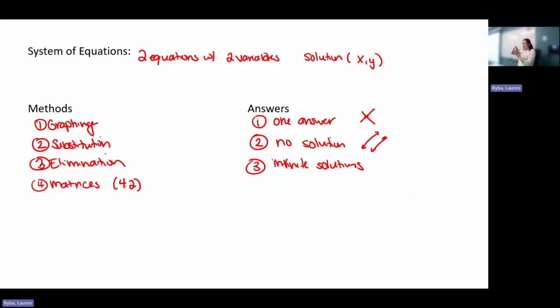One is multiplied or divided by a number so that it looks different. But what happens is the lines are in fact identical, and they end up overlapping each other. They fall directly on top of each other. So no matter what I plug in for x, it's going to work because the two lines are equivalent.